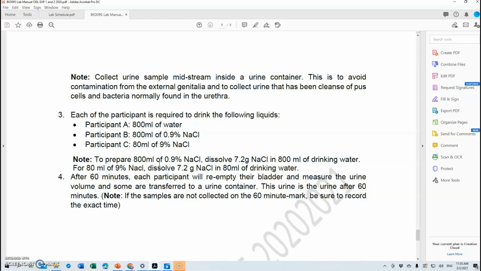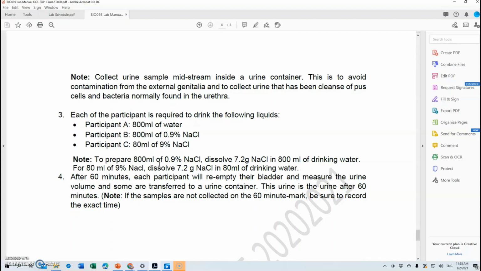And then another result that you could observe is the color of the urine, the initial and the final urine collected. And also you could observe the transparency of the urine sample collected. So those are the results that you could include in your results.